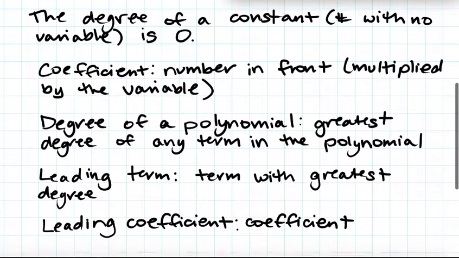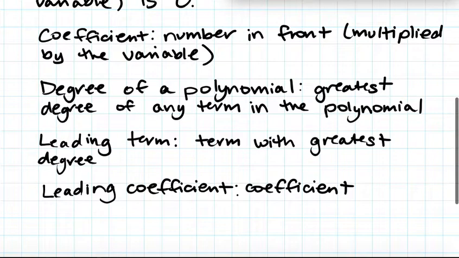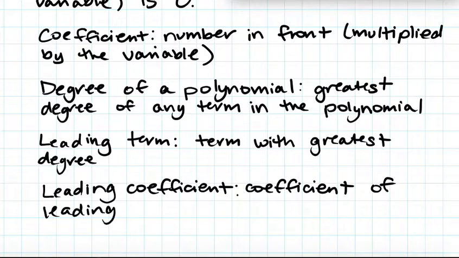So find the largest exponent. That's going to tell you the degree. Find the leading term. That's going to be where that largest exponent is. And then the leading coefficient is going to be the number in front of that term. So those are my vocabulary words. We're going to look at example 1.